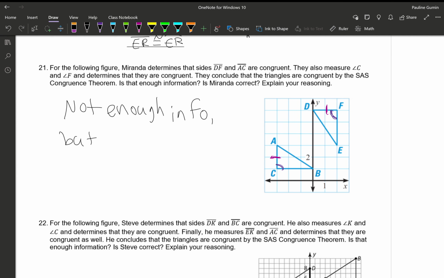Miranda is correct. Why is Miranda correct? Well, we have CB and FE horizontal, they're perfectly straight, right? They're not diagonal, and I can count that they each have 3 blocks, so I can actually mark them as congruent. All right, so not enough information, but she is correct.